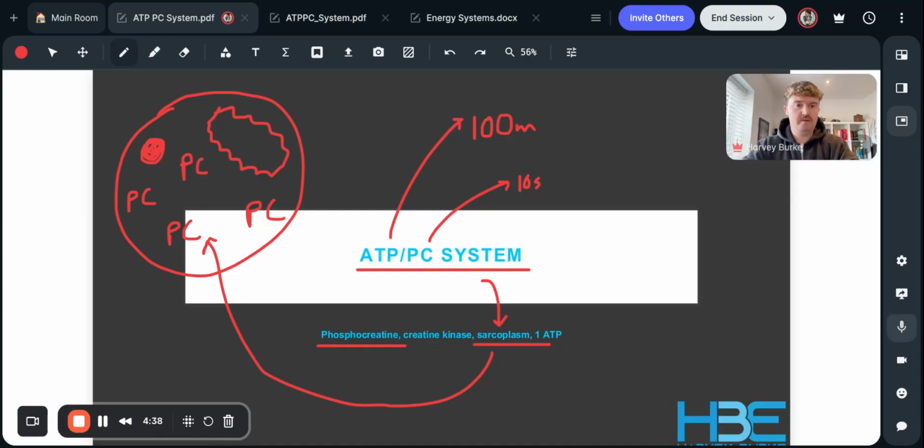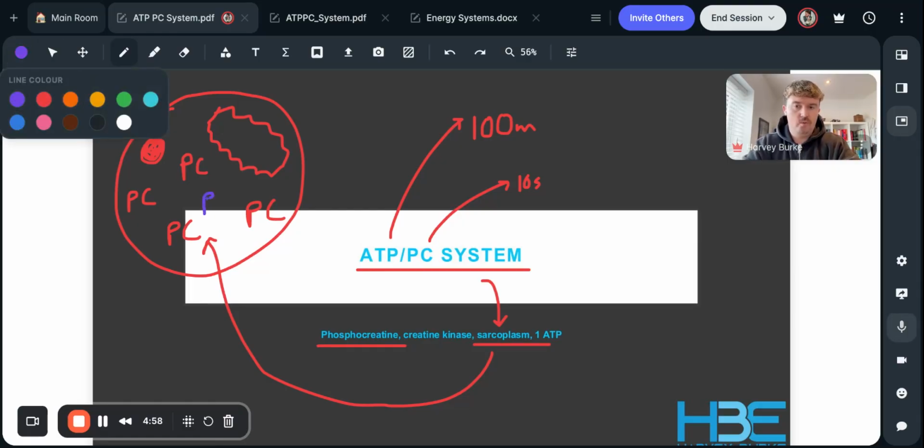Just to make a synoptic link here with diet and nutrition and ergogenic aids, if you're supplementing with creatine right now, the sole reason that you're doing it, even if you don't know why, is to increase your phosphocreatine stores.